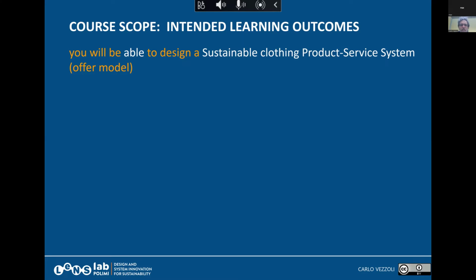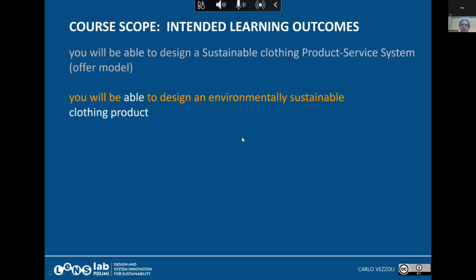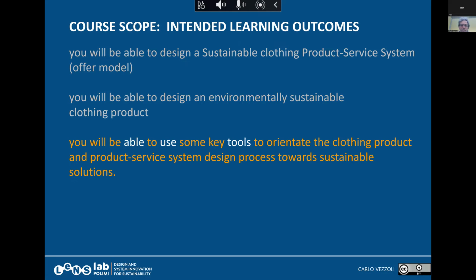What we promise to you is that you will be able to design sustainable clothing product service systems in terms of offer model. We will see this. You will be able to design environmentally sustainable clothing products. This will become more clear during the course of the lecture.